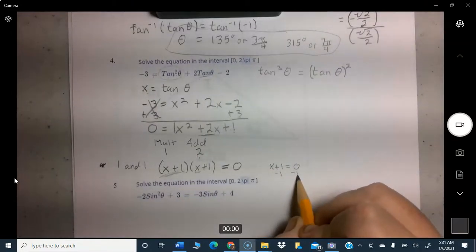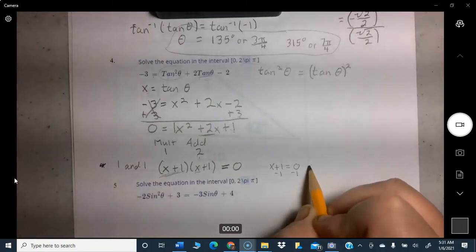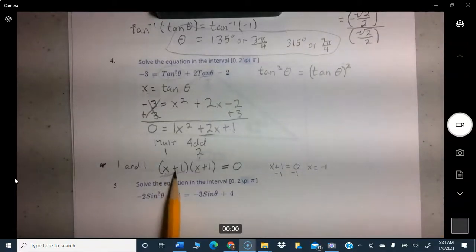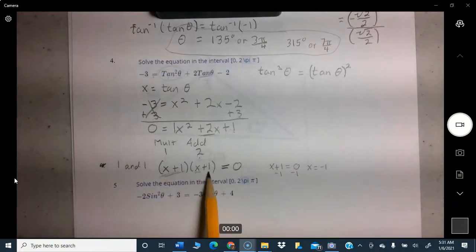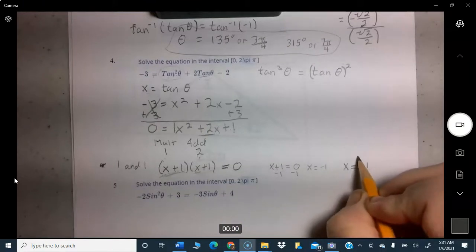Subtract 1 from both sides, and you get x equals negative 1. So when that's negative 1, plus 1 will make this 0, so the whole equation will go to 0. And of course, this is exactly the same thing, negative 1. So there's only one value of x, and that is that x equals negative 1.